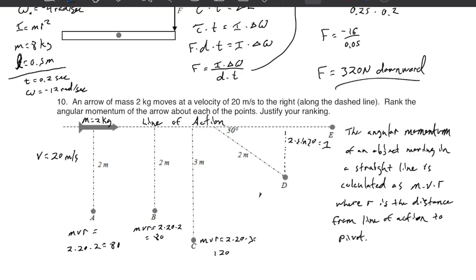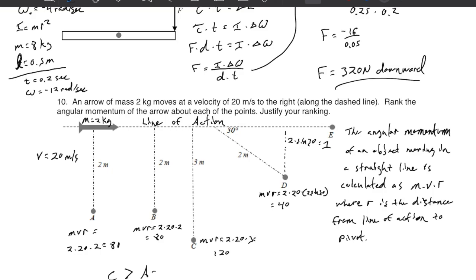And then for the fourth one, our MVR would be mass of 2 times velocity of 20, and then the radius being that 2 sine of 30, or essentially 1, but we'll put it in the way that it should go. That should give us 40. And then E is 0, right? Because it's on the line of action, there is no radius.